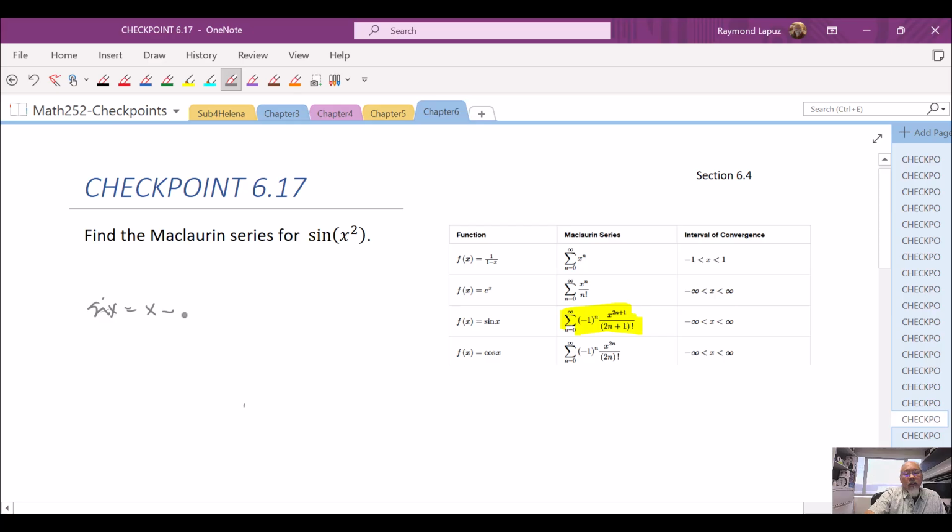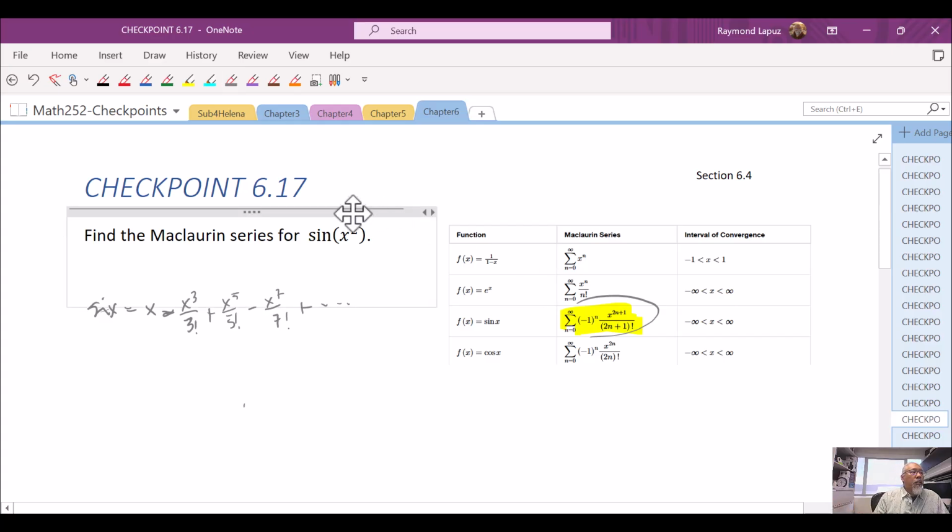It's an alternating series, so it starts off with a positive and a negative, and then x to the third over 3 factorial, and then x to the fifth over 5 factorial, and then negative x to the seventh over 7 factorial, etc. So here is a general term for the sine function.